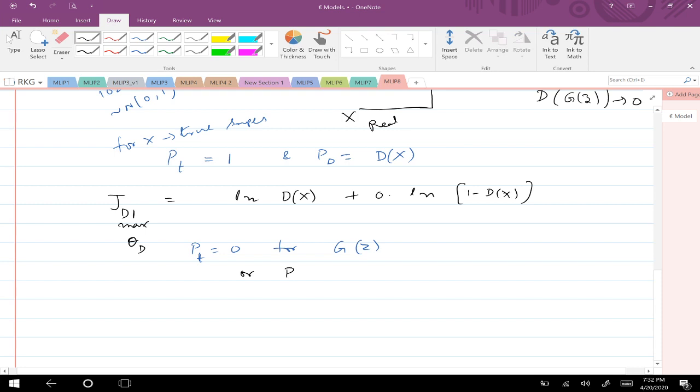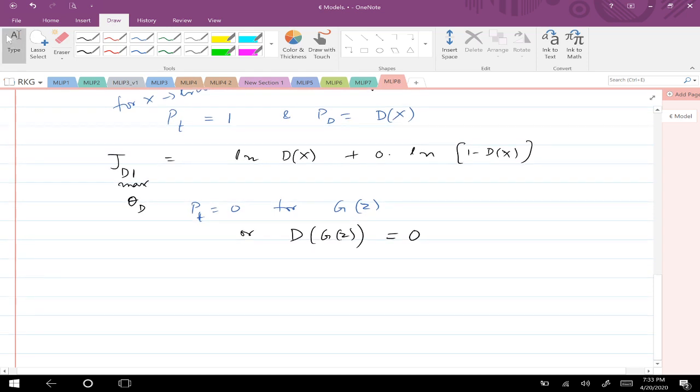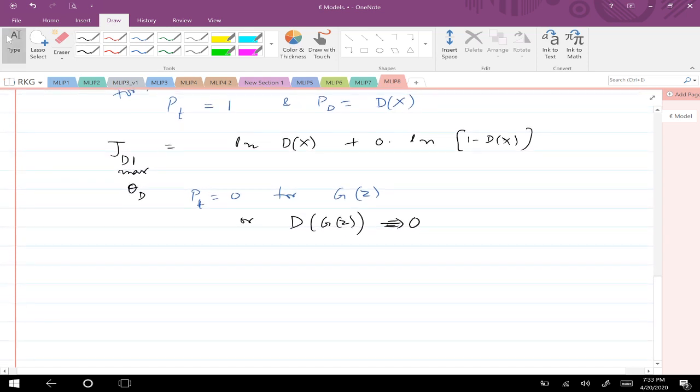So if I pass g of z through the discriminator, the probability estimated by the discriminator has to be 0. So d of g of z has to be mapped to 0.